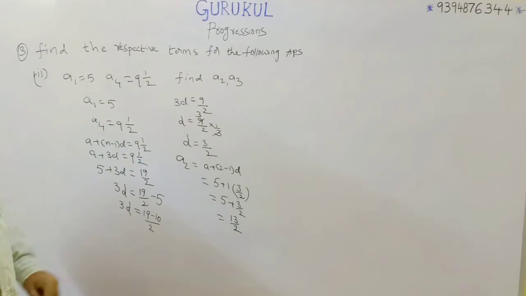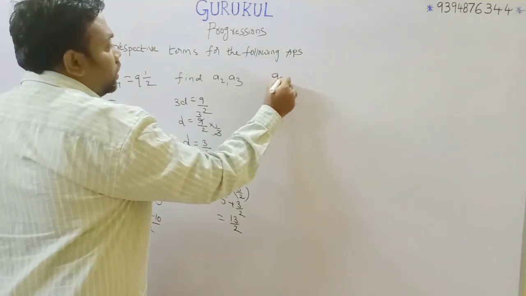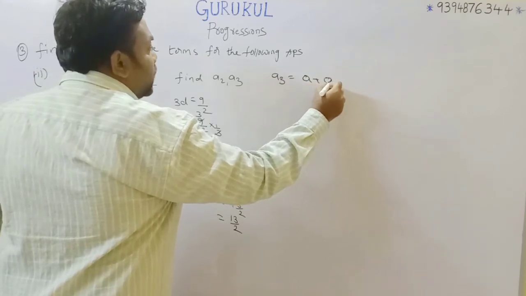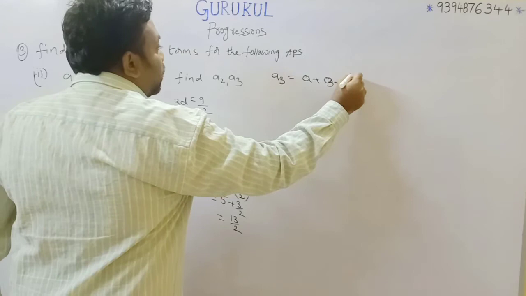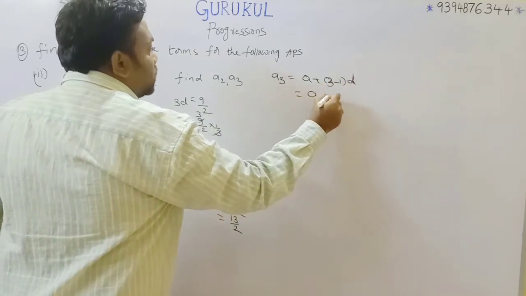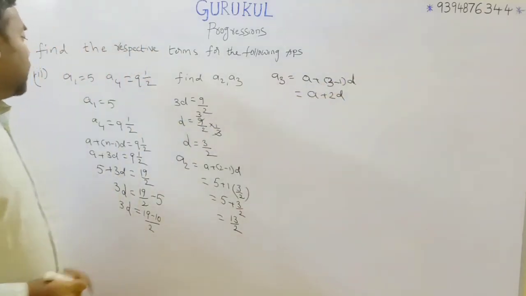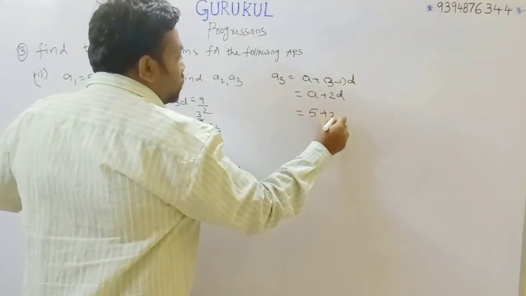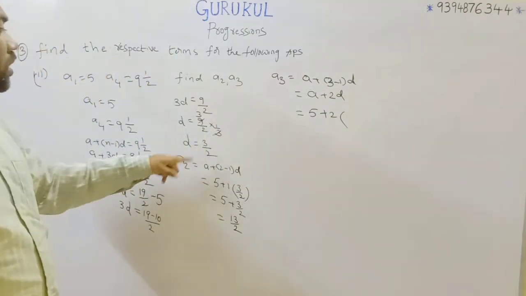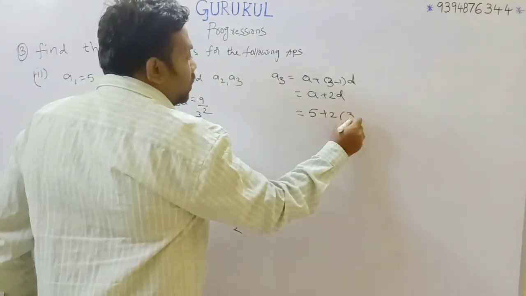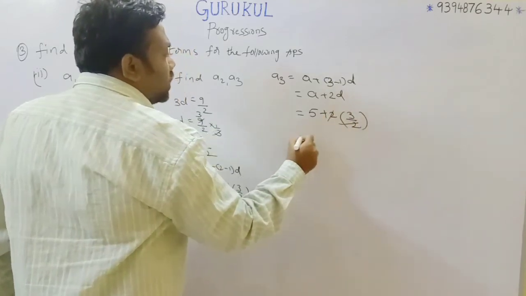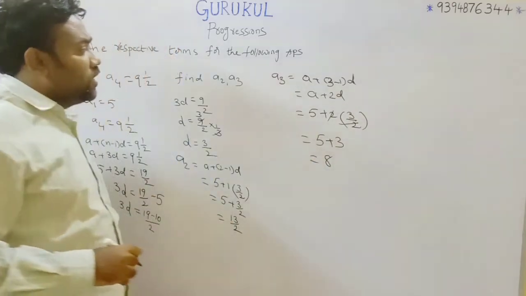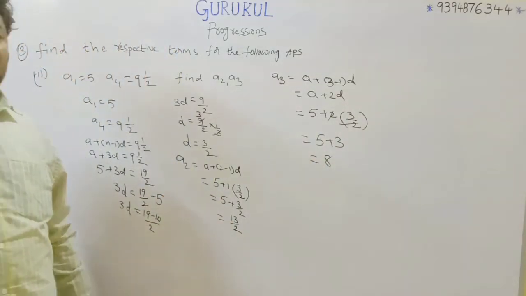And now we again find the value a3. a3 equals a plus (3 minus 1) into d, that is a plus 2d. What is the a value? First term is 5, plus 2 into d value 3 by 2. So the 2 cancels, 5 plus 3 equals 8. This is the a3 value, and this is the a2 value.